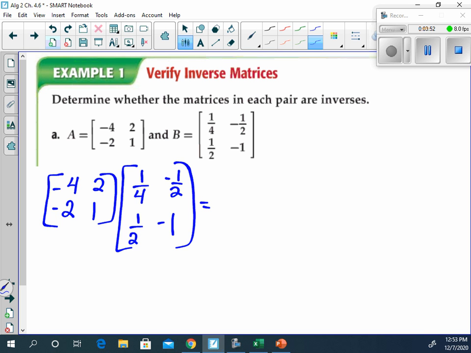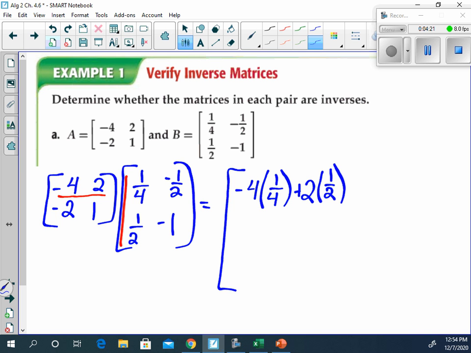I could type these into the calculator, set one as A and one as B, and multiply them together. Or we can do this by hand. When we do this by hand, we're going to go over and down. So our first one's going to be negative 4 times 1/4, plus 2 times 1/2.